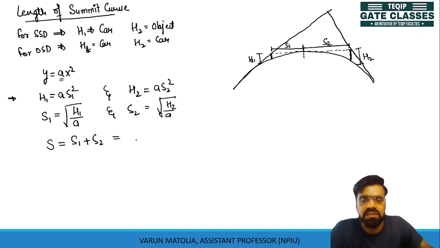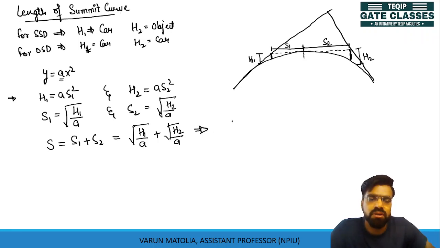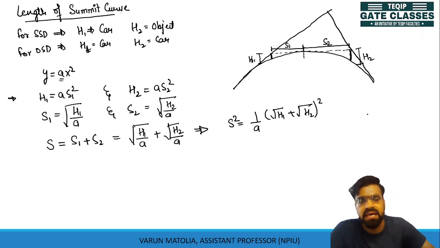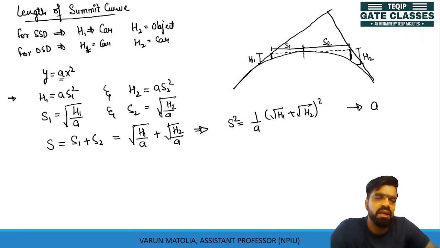So we can simplify this equation by combining these two. If we square these terms, s square will be equal to 1 by a, under root h1 plus under root h2, whole square. We can write the value of a as n by 2L.